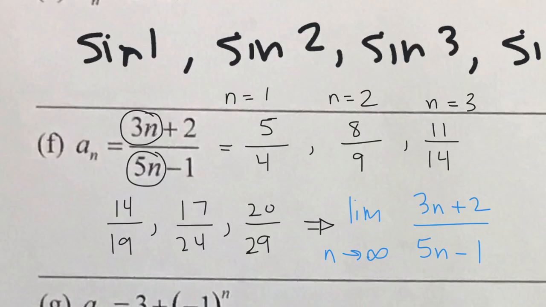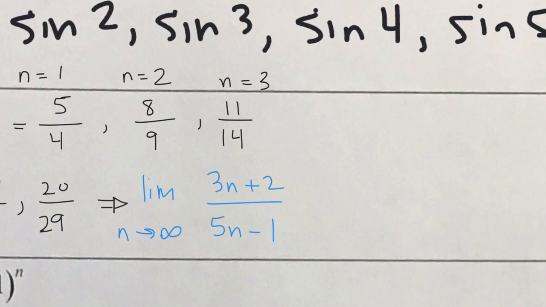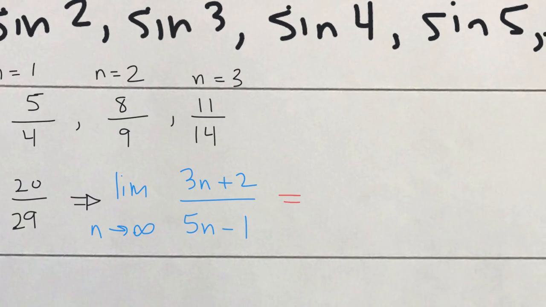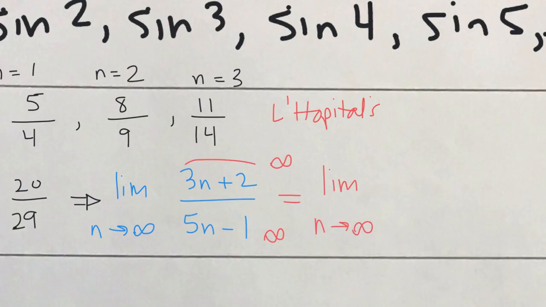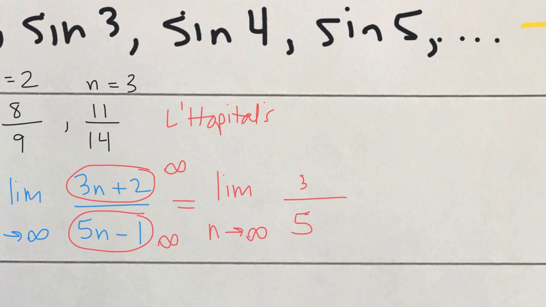That's an indeterminate form. So we can apply L'Hopital's rule and take the derivatives. So it's still the limit as n approaches infinity of the derivative of 3n plus 2, that's 3, and of 5n minus 1, that's 5. And the limit of a constant is constant.